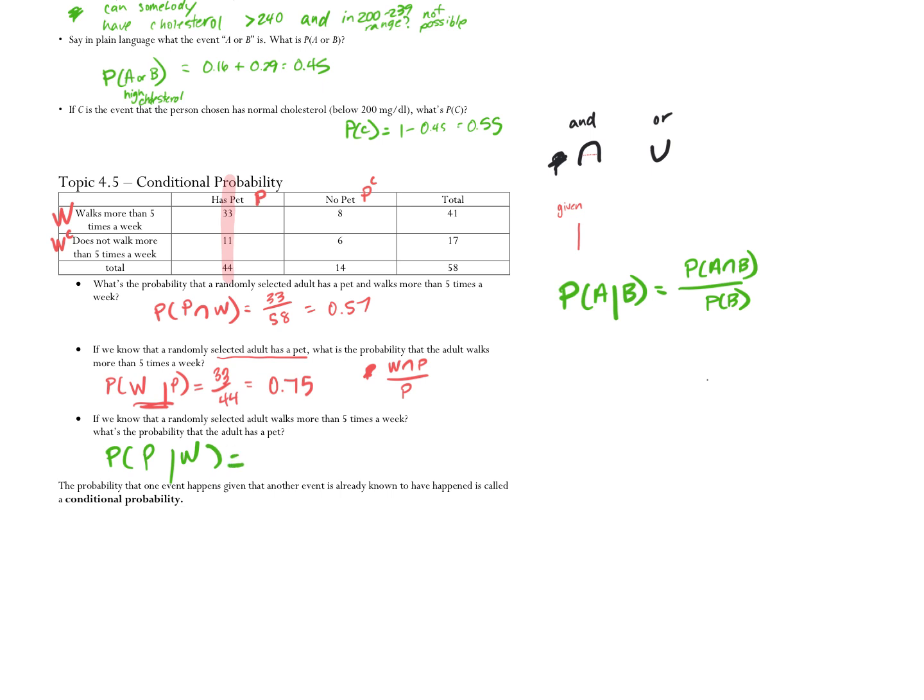So the top of that fraction would be pet and walk, which is still 33. What would the bottom be? 41. Walking.